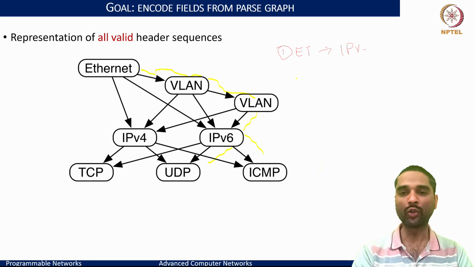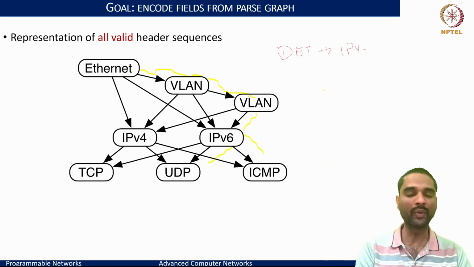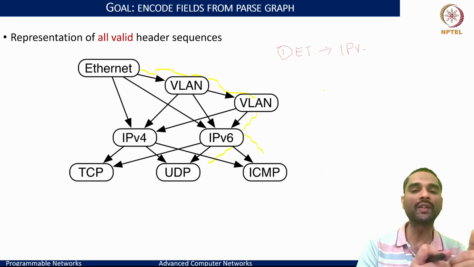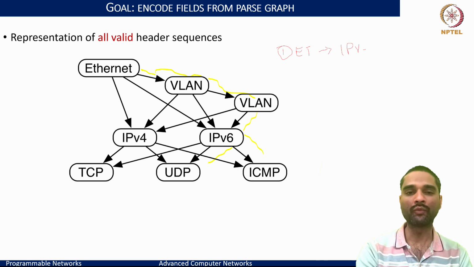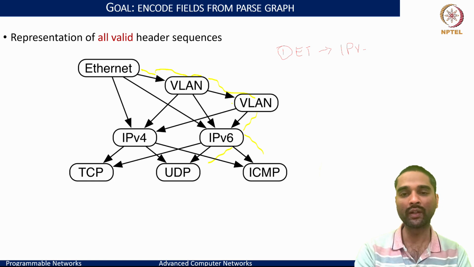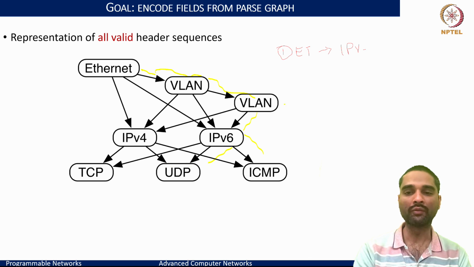So we can have many parse graphs which help us understand all the valid sequences that we can build. Given this kind of graph, we can say we want to match on Ethernet first, followed by VLAN, and if VLAN has another VLAN encapsulation, we can look up on that VLAN and then go on to the next. But if we had any combination like VLAN jumping to UDP or jumping to TCP, this would not work.